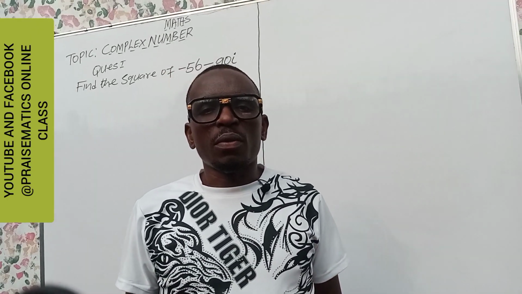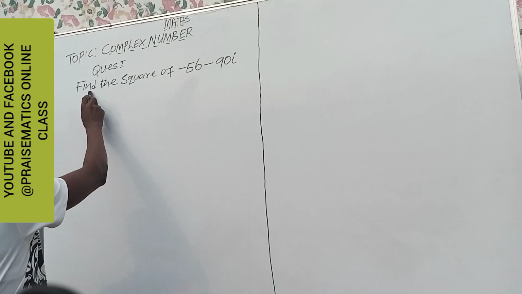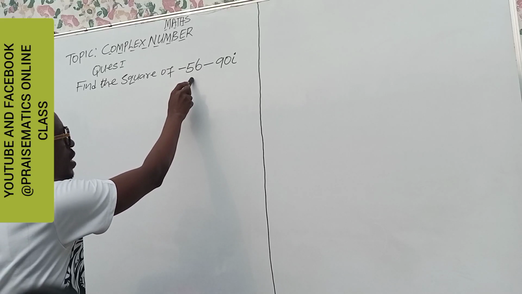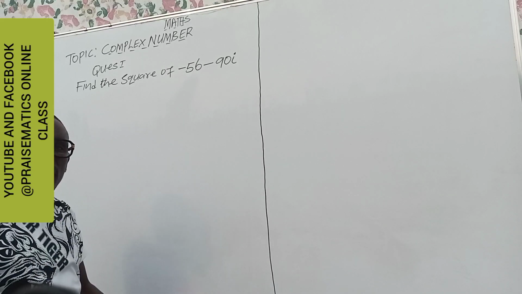That is what we solved. But today we are going to look at this question on the board that says: find the square root of minus 56 minus 90i. How do we do that?